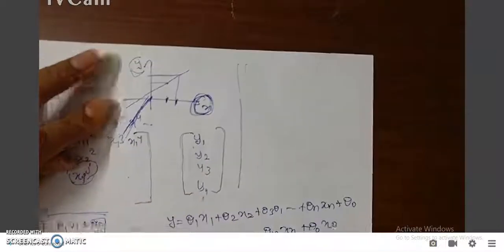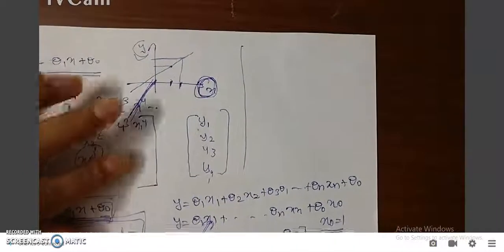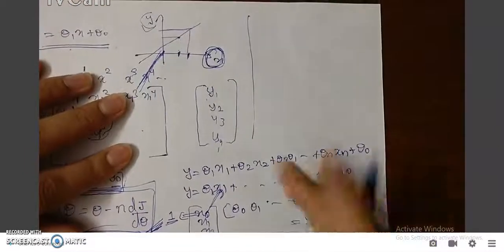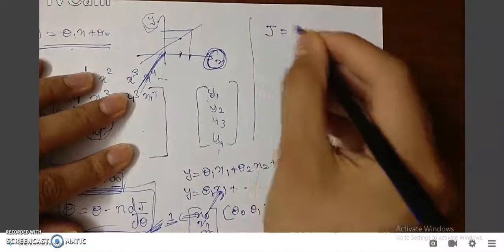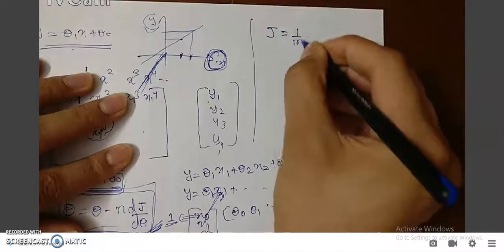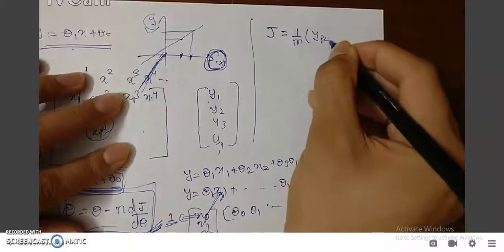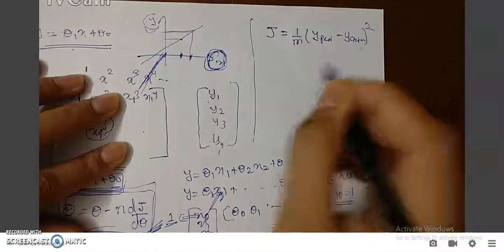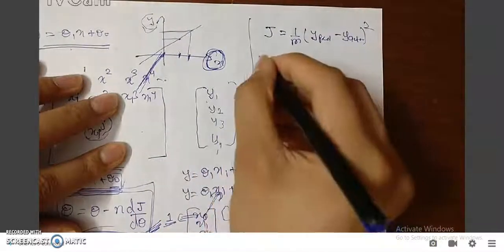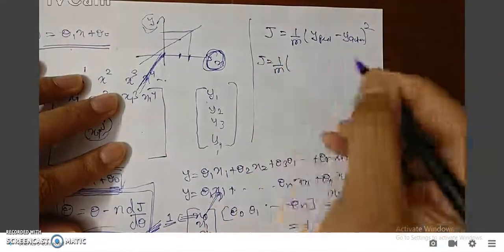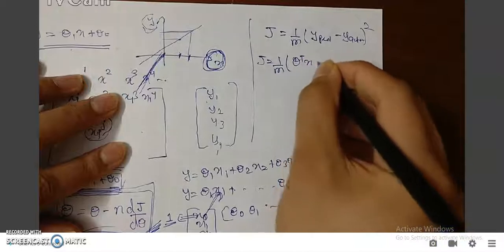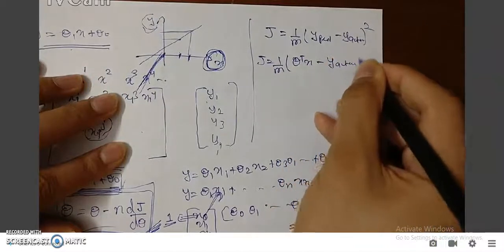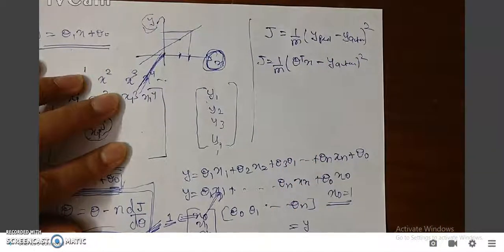Now the loss function would be similar here. There is no change in the loss function though. The loss function would be the same. Earlier the loss function was 1 by m (y prediction minus y actual) to the whole square, and it would be the same here. So if we rewrite it again, it would be (theta transpose x minus y actual) square, right?